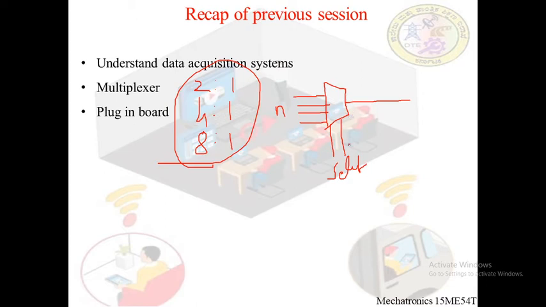We saw various advantages associated with the multiplexer. It reduces the resources required for each individual line, therefore reducing the cost of the circuit. Here n is the number of inputs, and the number of select lines required is given by the relation 2 power m is equal to n, where n is the number of input lines and m is the number of select lines.